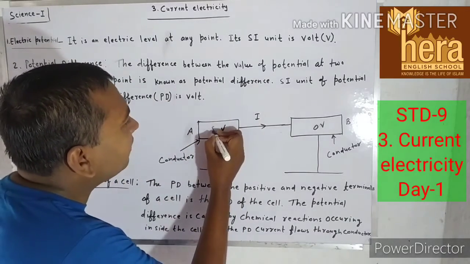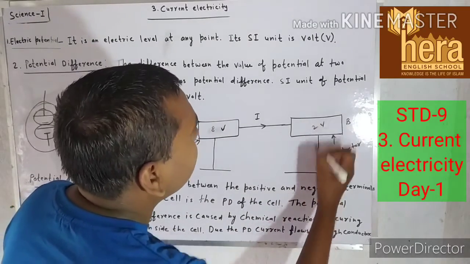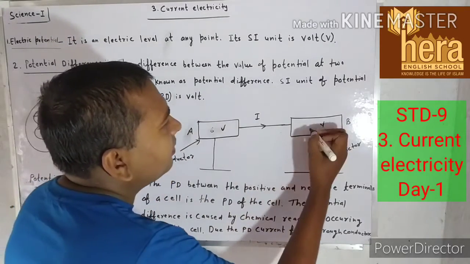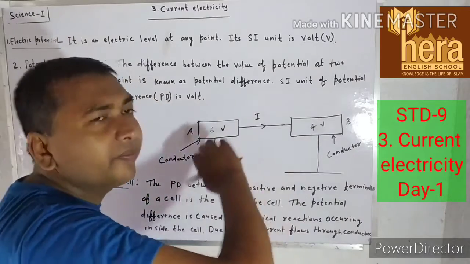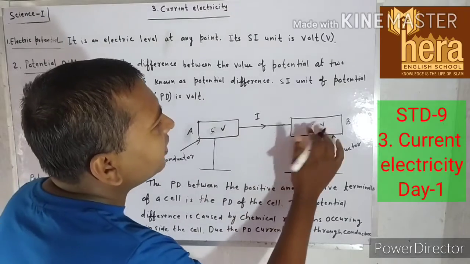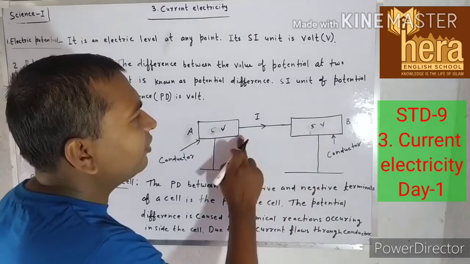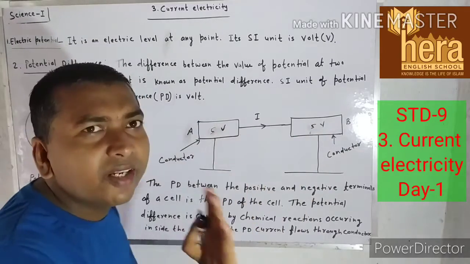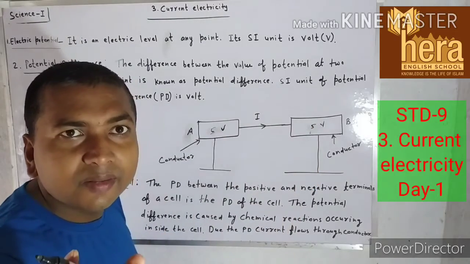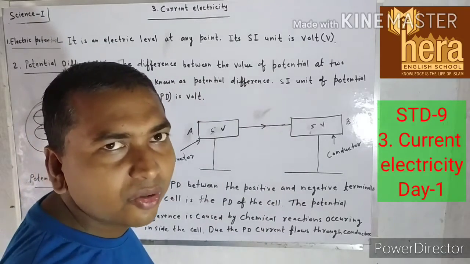Sometimes it may be 8 volt and 2 volt, 6 volt and 4 volt. Current will still flow. If both become 5 volt, there is no potential difference. 5 minus 5, that is 0 volt. So in this case, current will not flow. Understood?